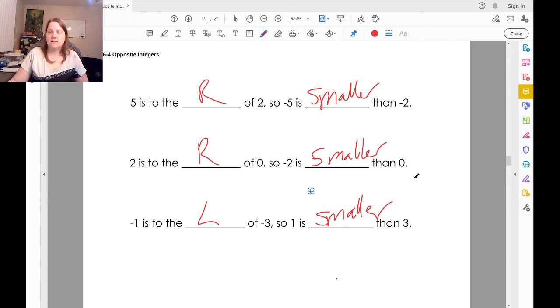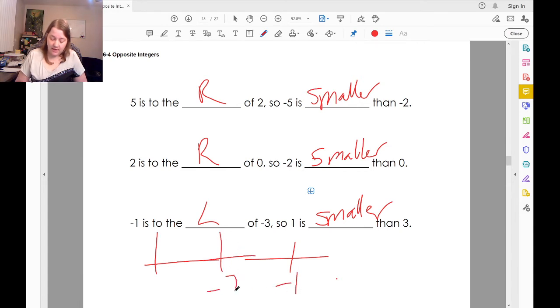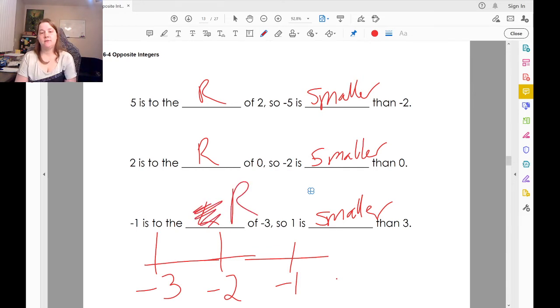You know why that doesn't seem right? Because negative 1 and negative 3, I forgot my own rule. It's a late night. Negative 1, negative 2, negative 3, negative 1 is actually to the right of negative 3. So negative 1 is larger than negative 3.